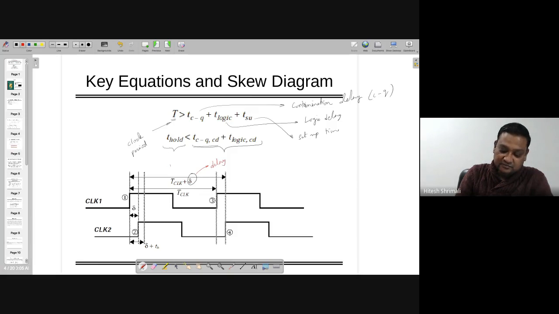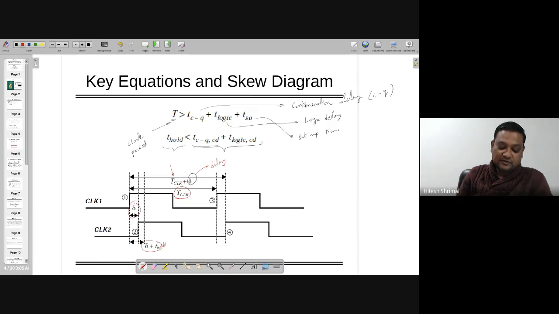T clock is the same as the clock period you are giving, right? So this is the clock period plus an extra delta time, which is here. So in general you are saying delta, but you are more interested in delta plus hold time, right?